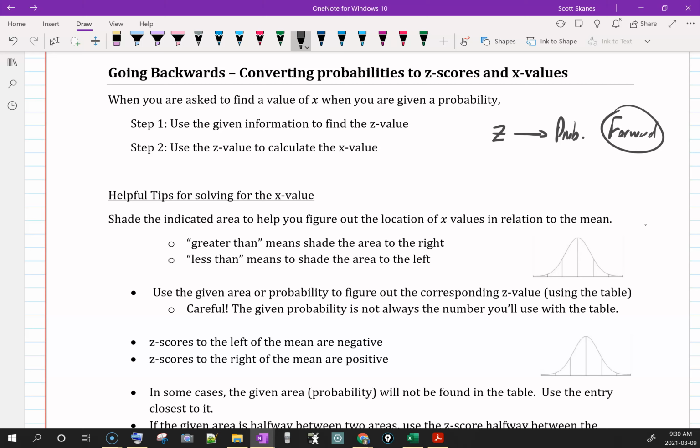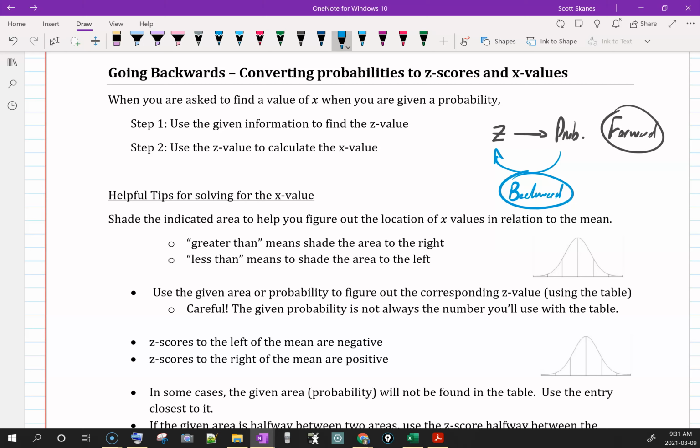What we often will find in this unit is that you'll have your probability and you want your z-score. That's going backward. So sometimes we know the probability of getting a value, but we don't know what the z value is. So it's really important that we can work backwards.